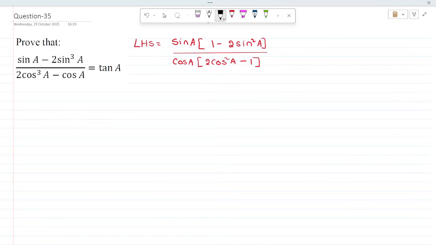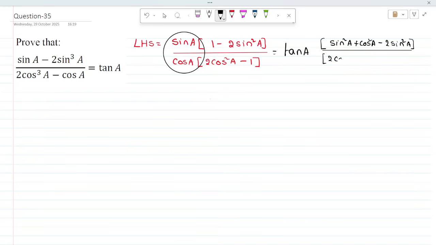What is the value of sin A by cos A? Yes, you replace that with tan A. Here in the numerator bracket, what is there? 1 minus 2 sin square A. 1 you just replace with the identity sin square A plus cos square A minus 2 sin square A, divided by 2 cos square A minus sin square A minus cos square A.